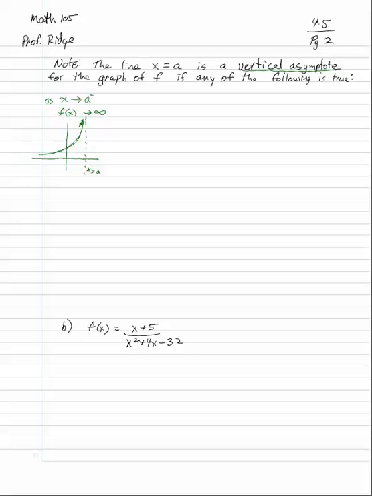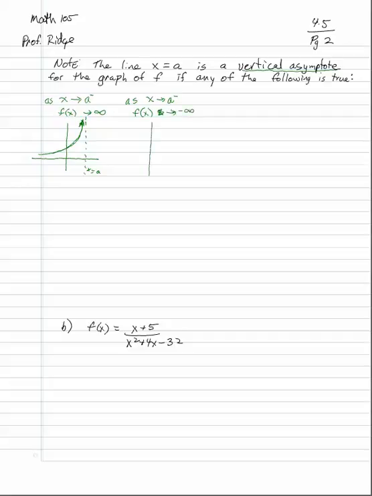Also, it could go to negative infinity. So one or the other happens. You can't get both because then it wouldn't be a function. So you get one.